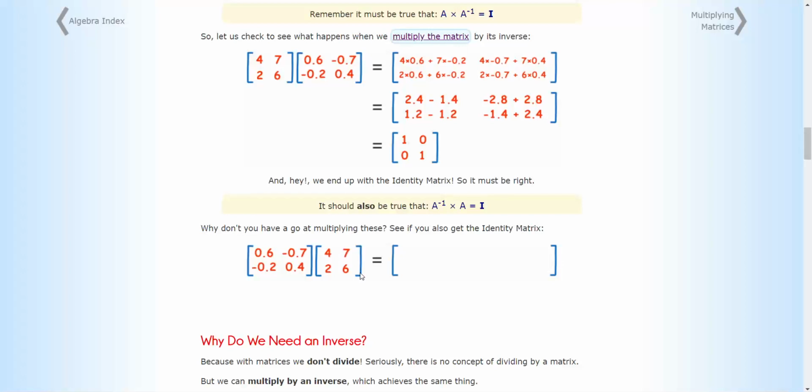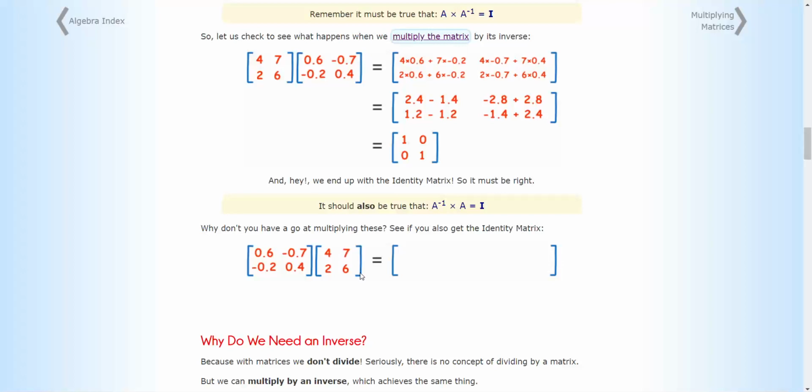Here we have 0.6 multiplied by 4 plus negative 0.7 multiplied by 2. This is interesting.